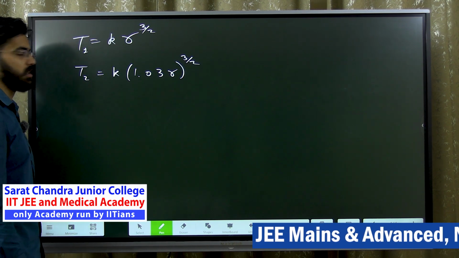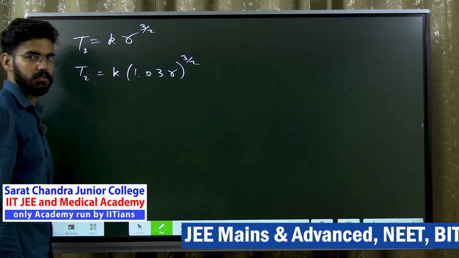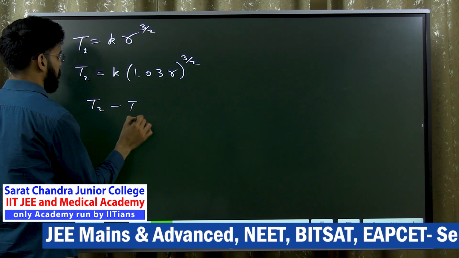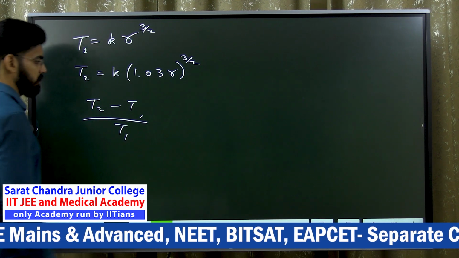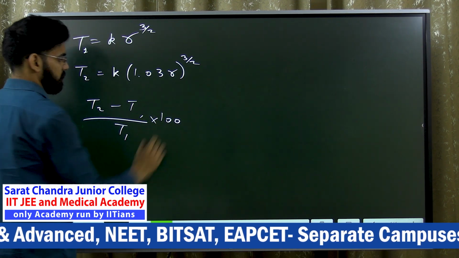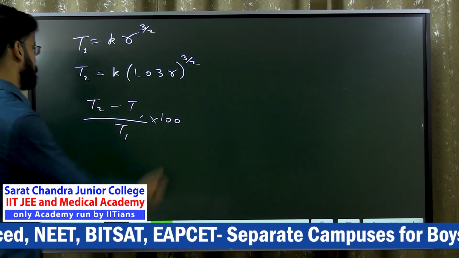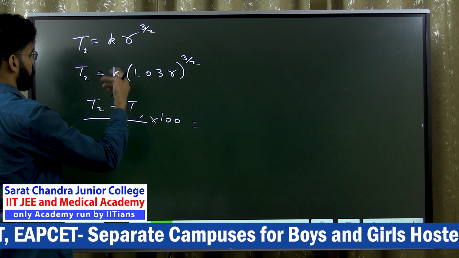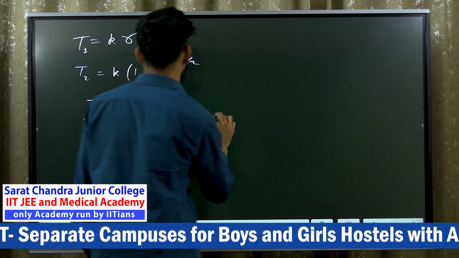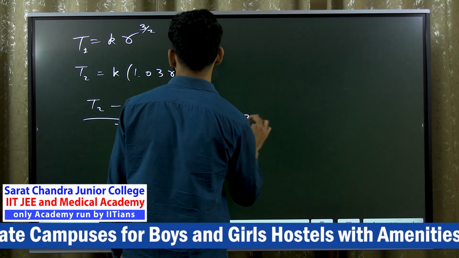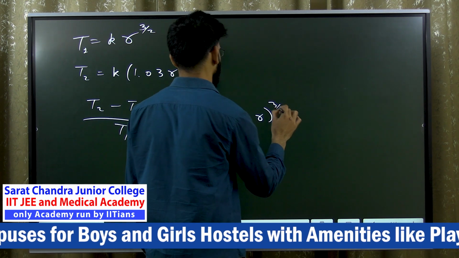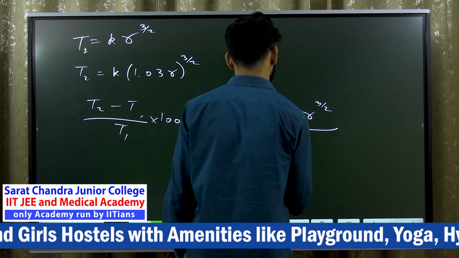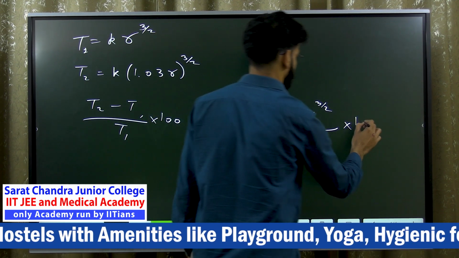Then he is saying percentage increment in the time period. You have to answer how much higher it is. So what you will do, T2 minus T1 divided by T1, this into 100. This is your percentage. So T2 minus T1 divided by T1, K will get cancelled out, and you will have 1.03 r raised to power 3 by 2 minus r raised to power 3 by 2 divided by r raised to power 3 by 2 into 100.